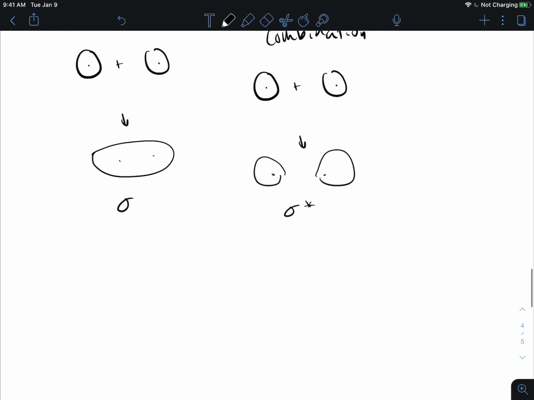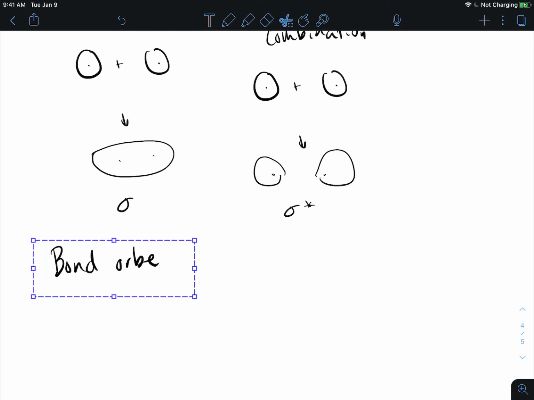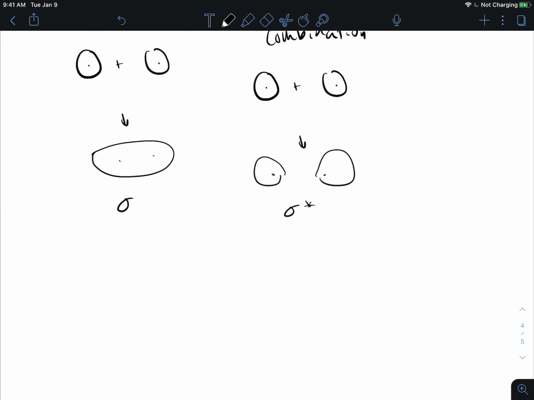We can look at this mathematically by looking at what's called our bond order. Our bond order gives the stabilization and type of bond between two atoms.